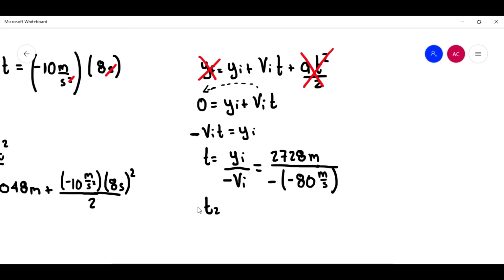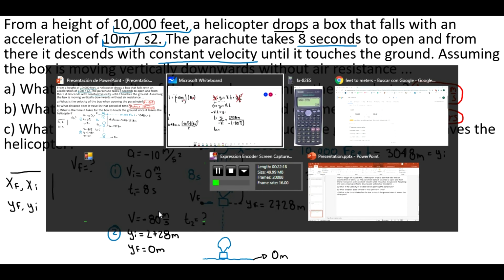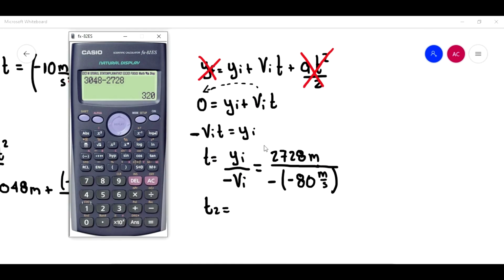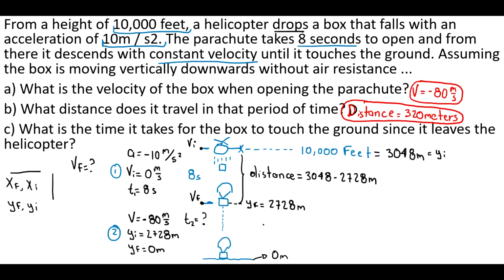So the time 2, because remember we are finding the time of the second section, will be, let's take the calculator, 2728 over 80. I'm going to make it positive because negative with negative will be positive. So how much is that? 34.1 seconds. Remember, time 2 equals 34.1 seconds. That's the time it takes to travel the whole second segment.